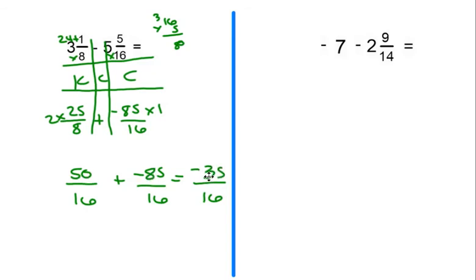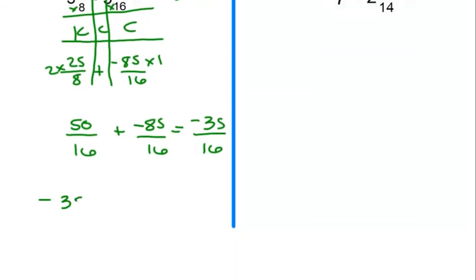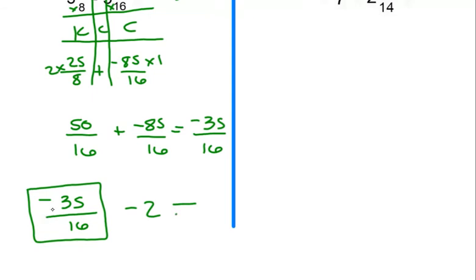And 85 is the bigger number, so I keep the negative. That's as simplified as we're going to get. But let's also make the mixed number. 16 goes into 35 two times, which would be 32. So that would be 3 left over 16.